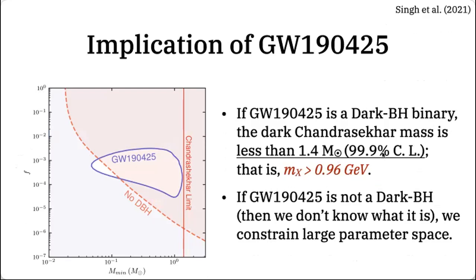So the dark proton mass must be greater than 0.96 GeV. Of course, if it's not a dark matter black hole, we can constrain the fraction of dark matter black holes in the dark matter down to the 10⁻⁵ level, because in our pessimistic scenario, we expect one or two events from the current LIGO.